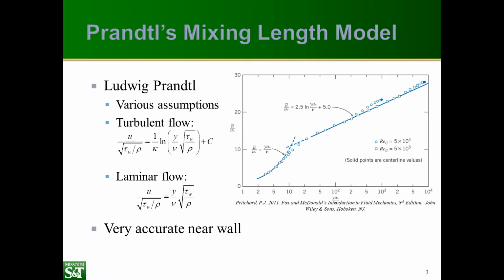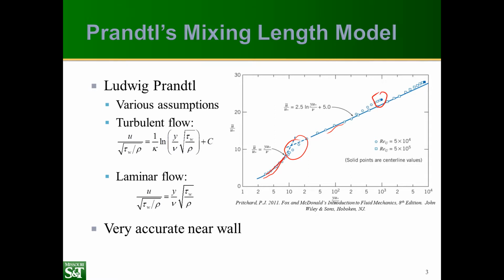You can see the results match very well with experimental data, except for in this transition region, where you have a region in between the two important regions where the laminar flow assumption is not quite right and the turbulent flow assumption is not quite right. So we have a transition. It's also not very accurate near the channel center.